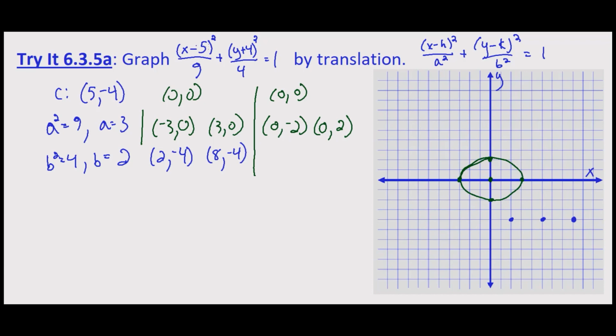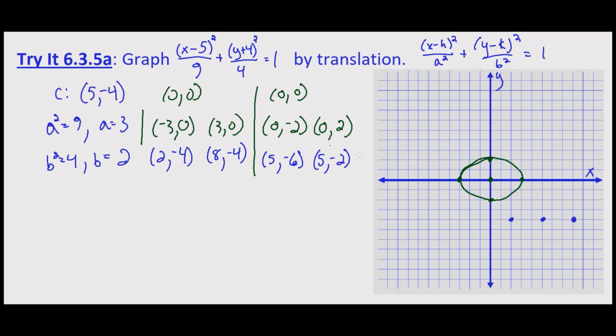And again, this is what we're translating. Now for our ellipse that's centered at (5, negative 4), we're going to shift the same direction. 0 plus 5 is 5. Negative 2 minus 4 is negative 6. Same thing with the other point. 0 plus 5 is 5.